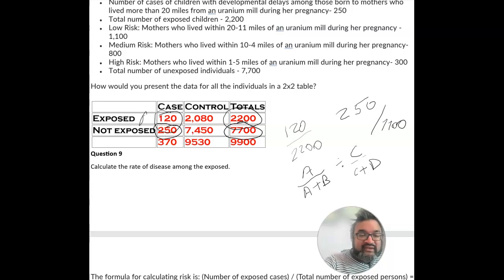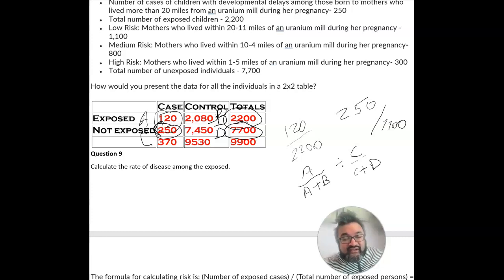Well, this rectangle is A, this is B, and then C, and then D. So A over A plus B, and that's what we did, 120 over 2200, and then C over C plus D, so C plus D is 7,700 and C is 250. We can check the numbers again, and surely enough we see where the division is coming from.